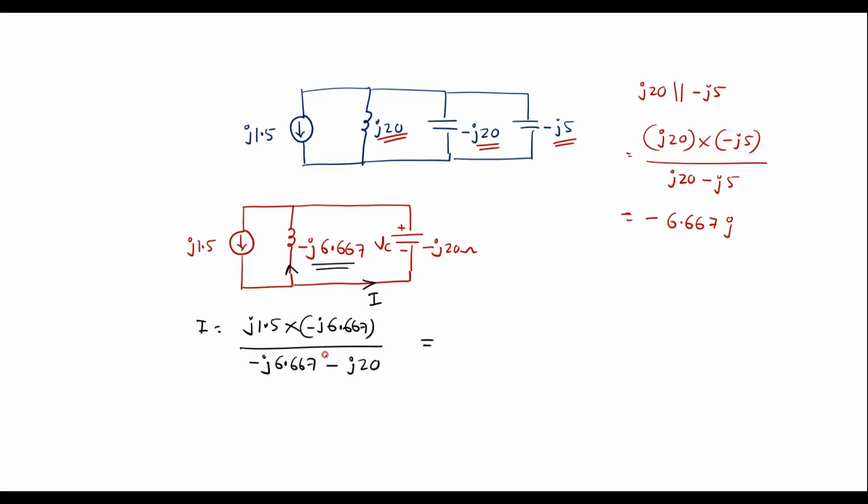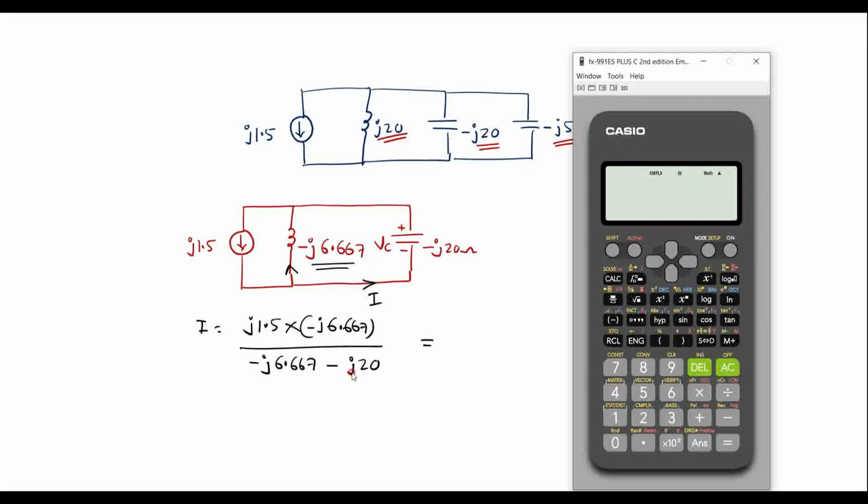Let me calculate this. Now on numerator, 1.5i into minus 6.667i is equal to this value divided by minus J6.667 minus J20, which is minus 26.667i.